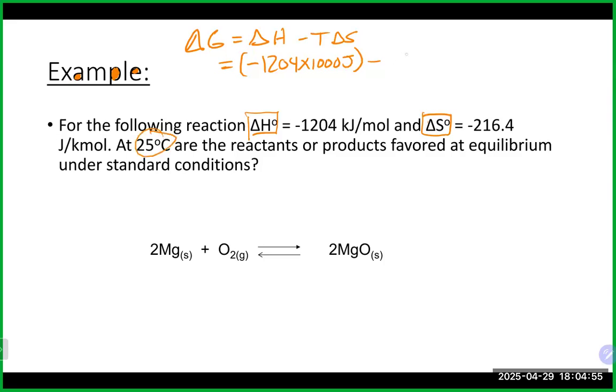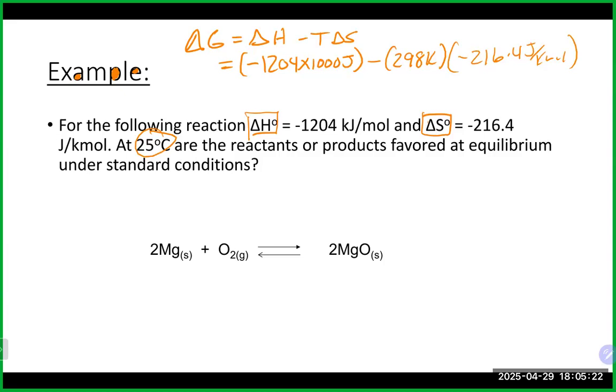We're at 25 degrees still, so that's going to be 298 for the temperature. And our delta S there is a negative 216.4 joules per Kelvin per mole. And popping all those numbers in, minus 1204 times 1,000 minus 298 times negative 216.4.